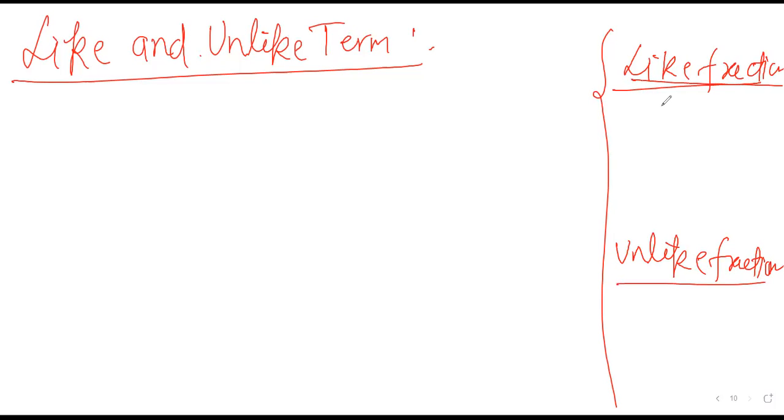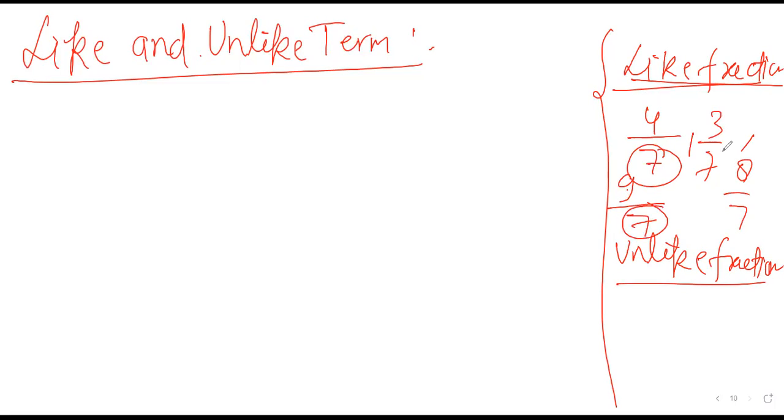Everyone knows that, I know. So like fractions are the fractions whose denominators are the same. That means the fractions having the same denominators in every fraction are known as like fractions.